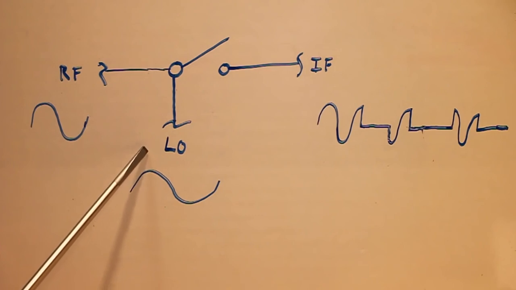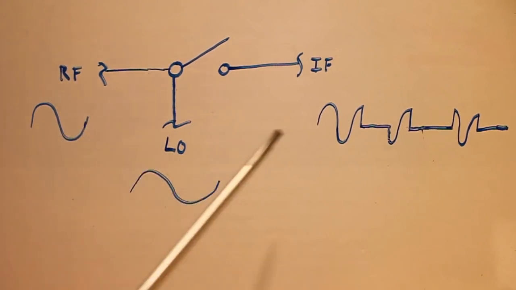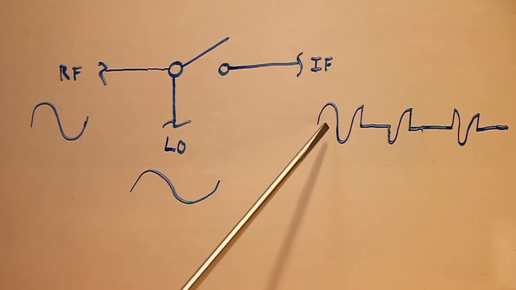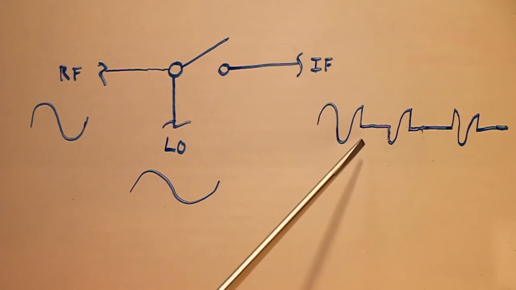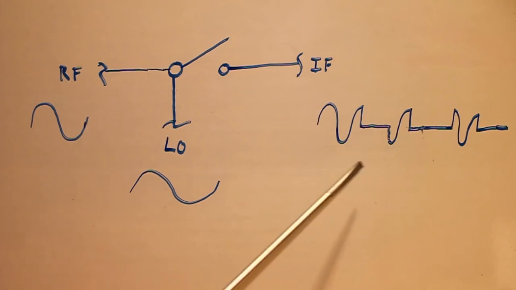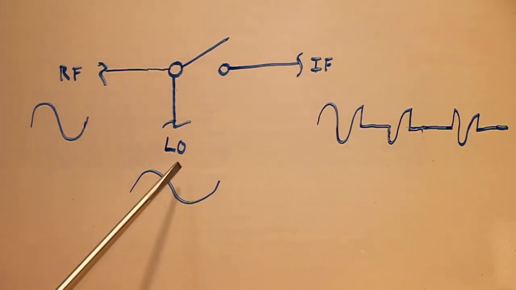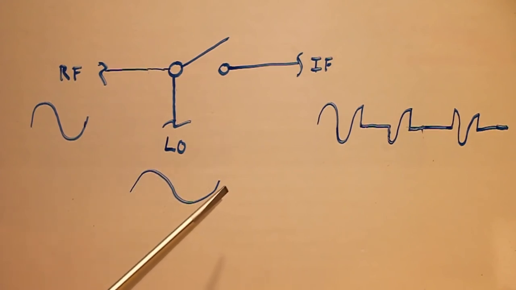And we know, based on the trig identities, that if we're multiplying two sinusoidal signals together, we're going to get the sum and difference frequencies of those two signals on the output. So if you were to look at the frequency content of this waveform, you would see that it would in fact contain the sum and difference frequencies of the RF and LO inputs.